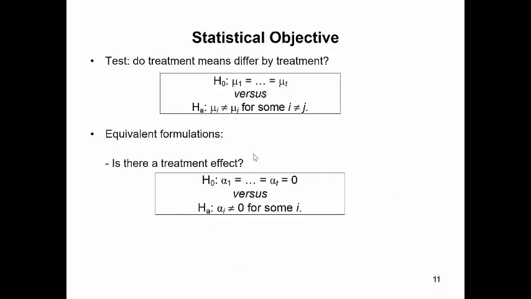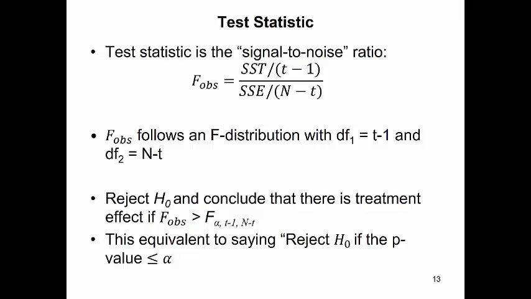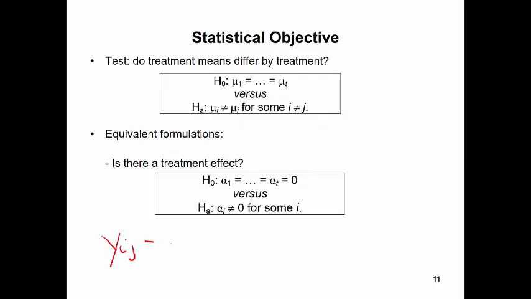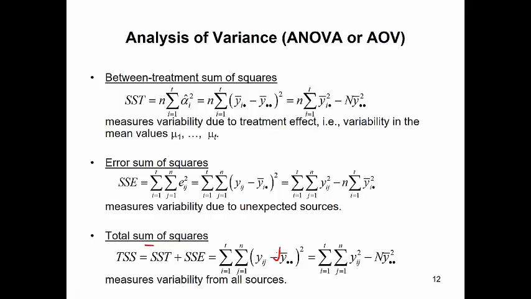So we've got our model. Remember, our model is going to be yij is equal to mu plus alpha i plus epsilon ij.